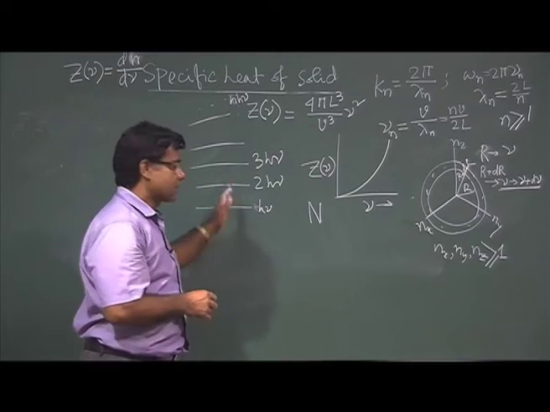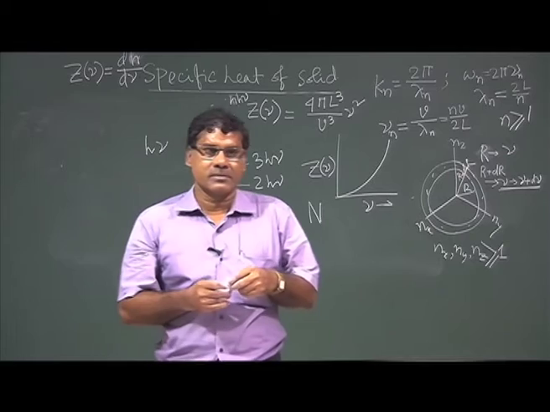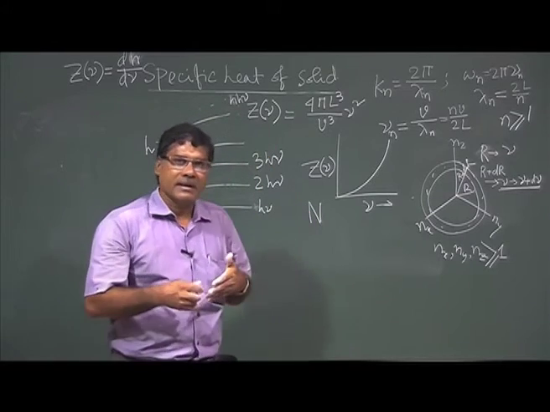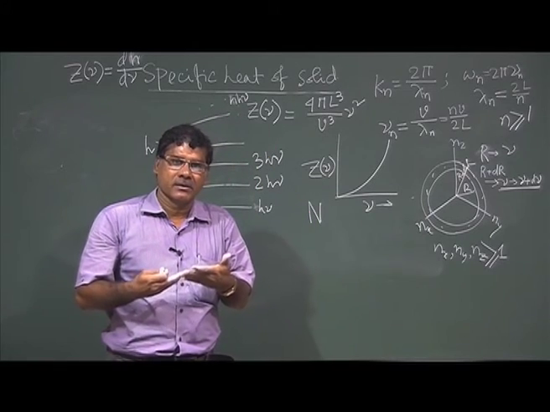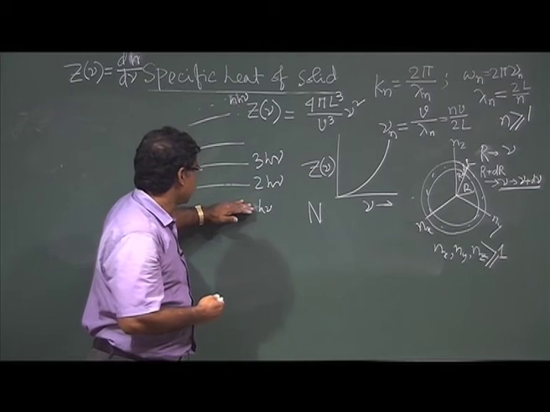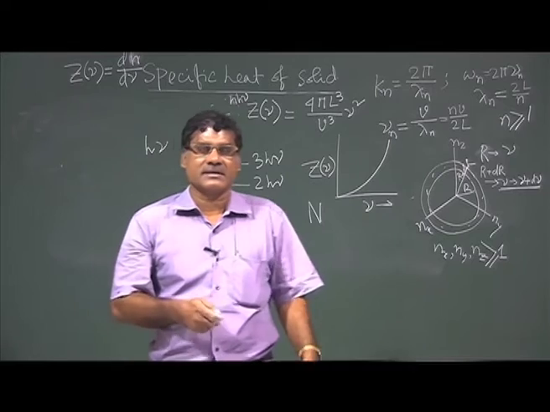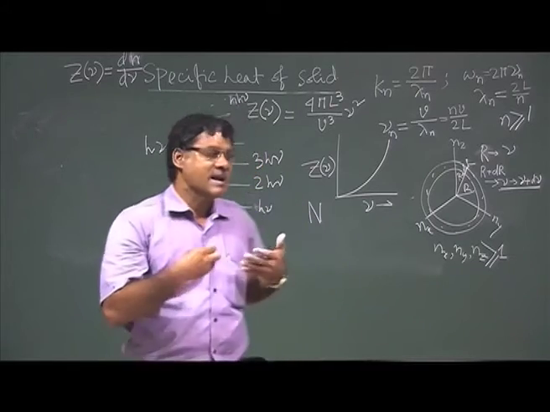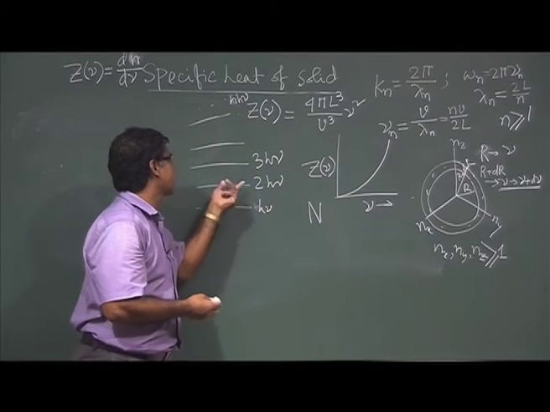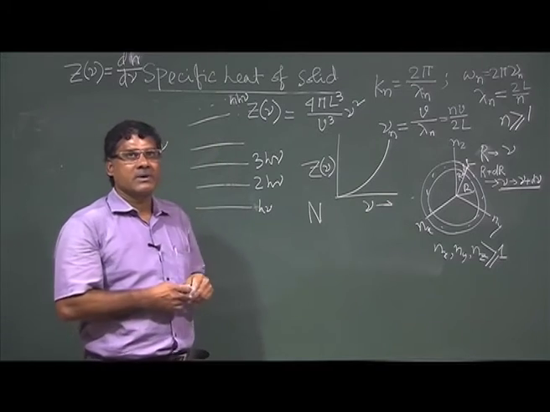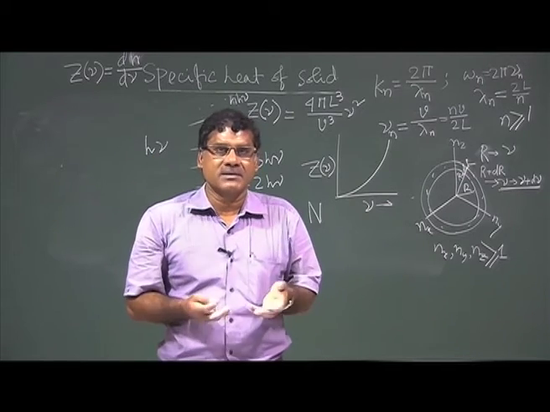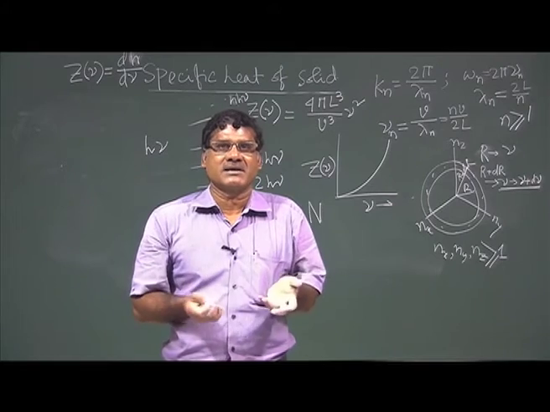Now remember that at a particular temperature this mode can stay in any energy level, in any excited state. There is a probability to be here or here or here, so there will be an energy distribution, right. What was the energy distribution?